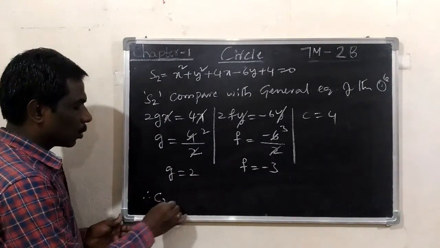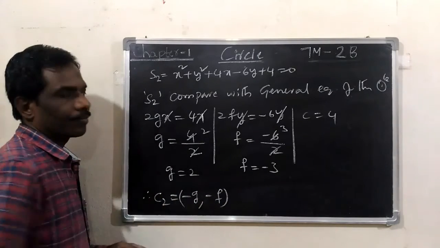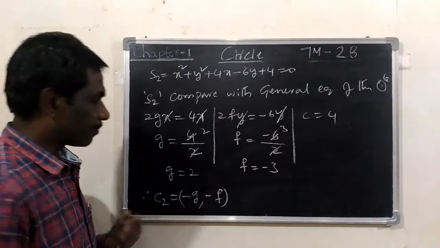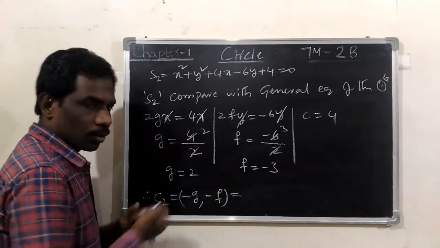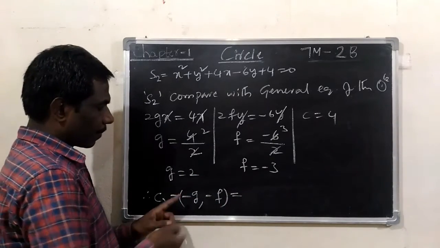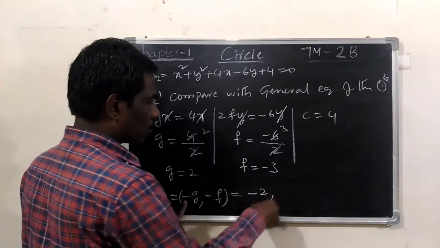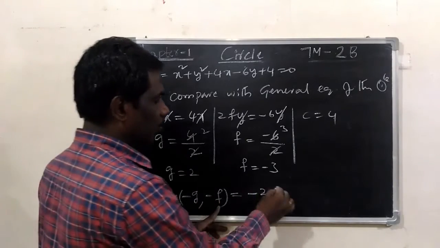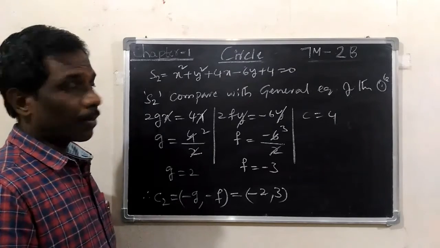Therefore, C2 equals minus g comma minus f, this is the point form of the center. Substitute the g value and f value: minus g, g is 2, comma, minus into minus is plus, so f is 3. C2 equals minus 2 comma 3.